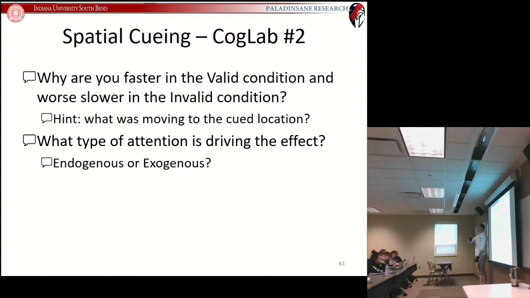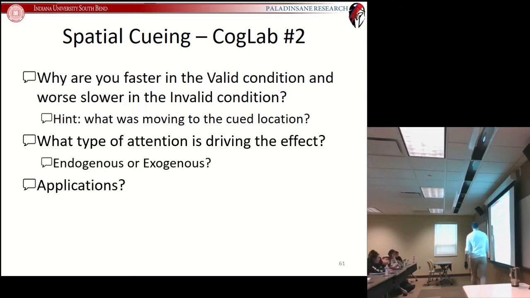So it's not an instantaneous process. It takes time to physically move your attention from one location to another. It's very quick. If we take a look at those times, it was hundreds of milliseconds, so it was very, very quick. But at the same time, it indicates that yes, indeed, we do need to move our attention.